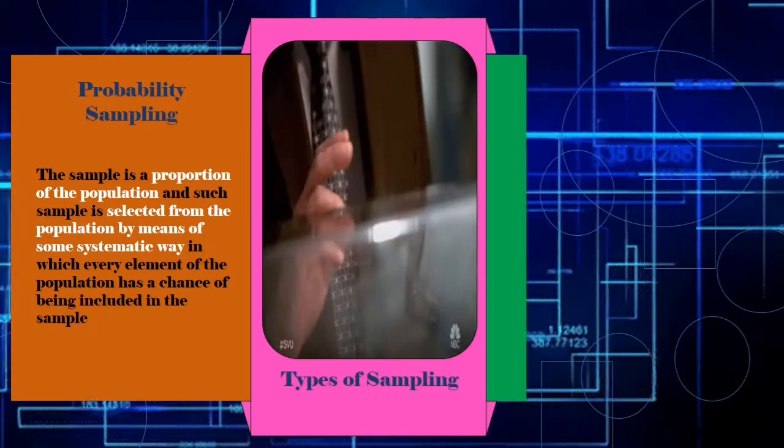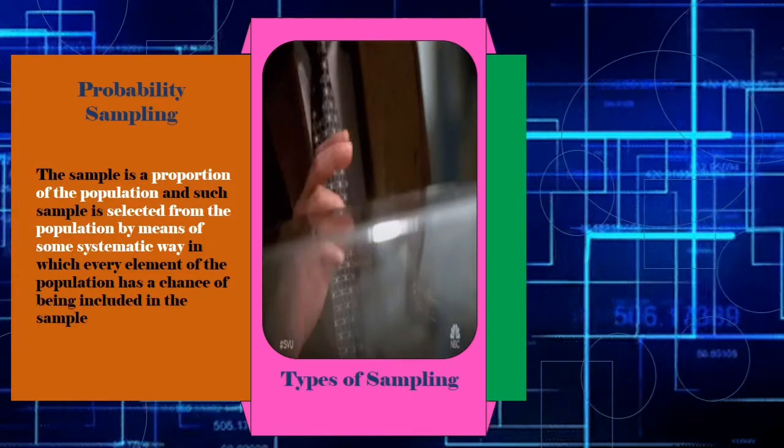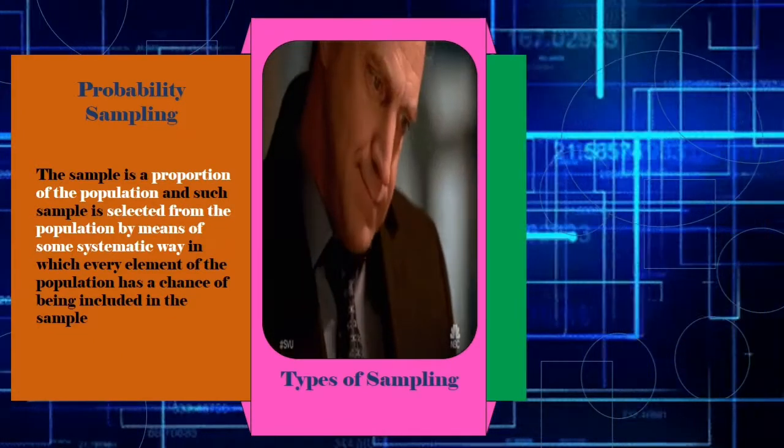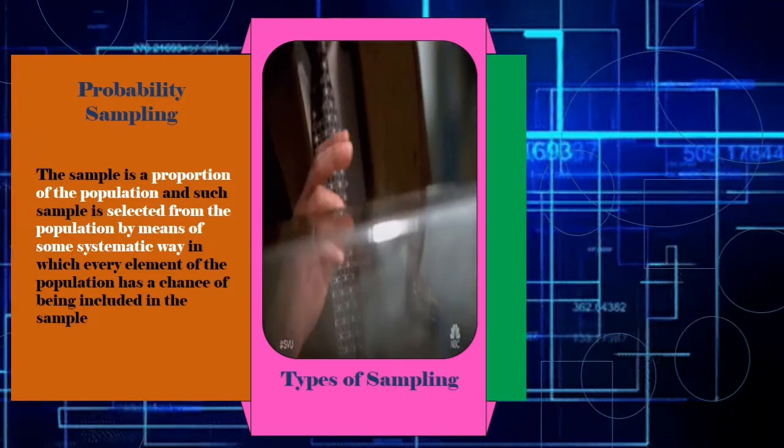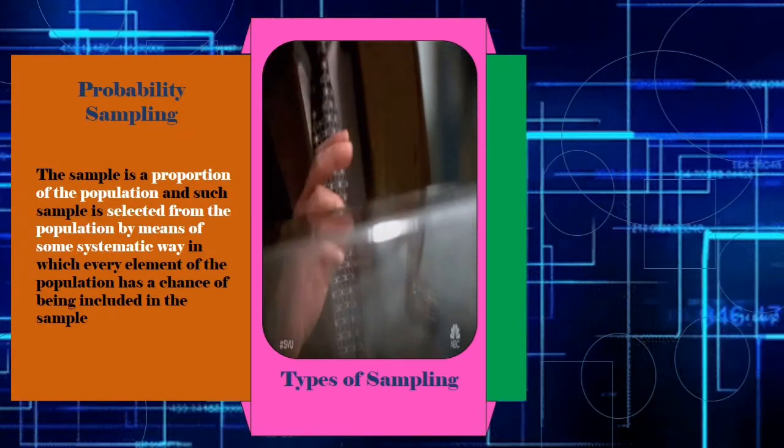Probability sampling is a sampling technique in which the researcher chooses samples from a larger population using a method based on the theory of probability.